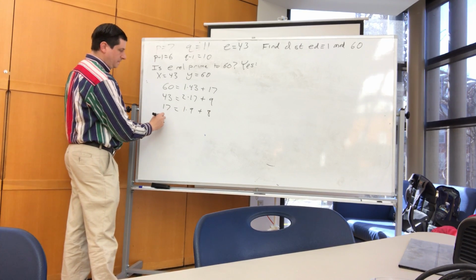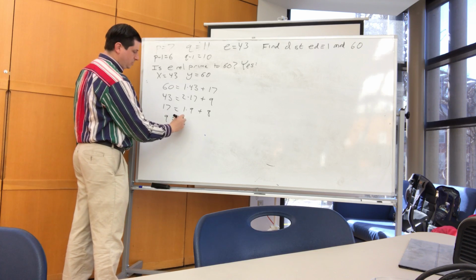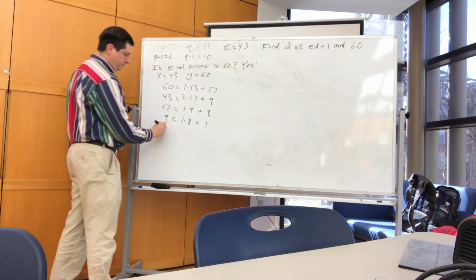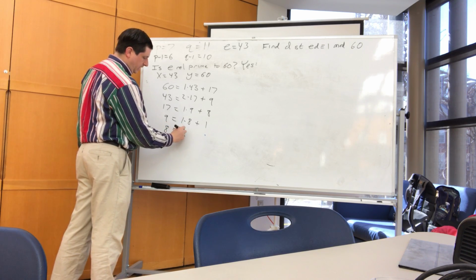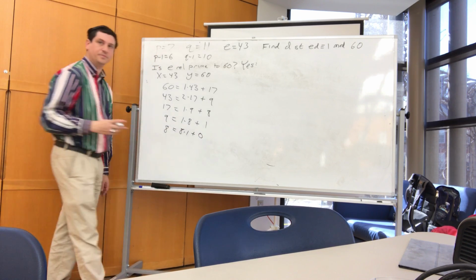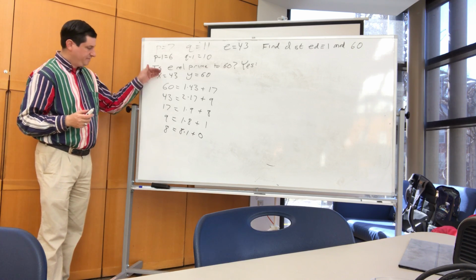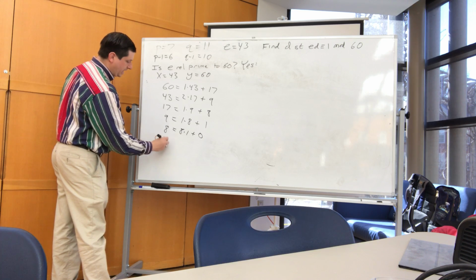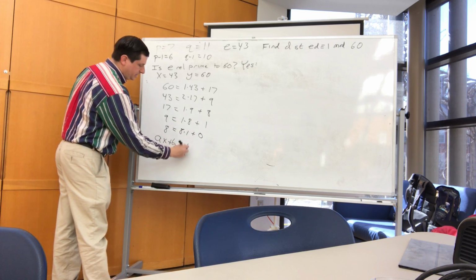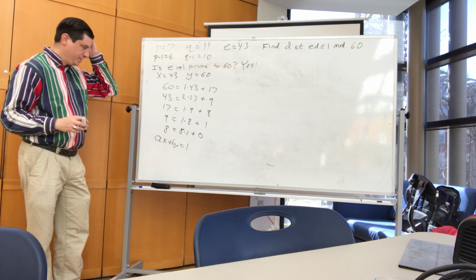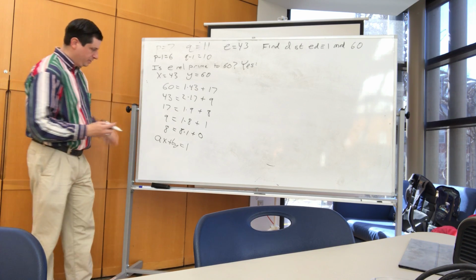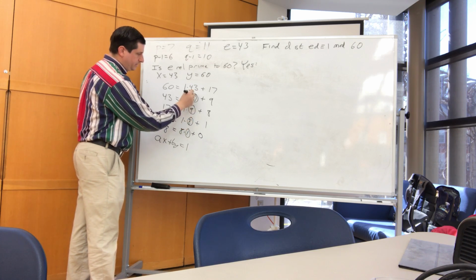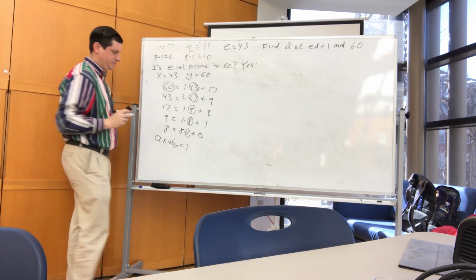Then I would write 9 as 1 times 8 plus 1. And if I went one step further, I would have 8 is 8 times 1 plus 0. Now I can use this to get numbers such that ax plus by equals 1. So I go through things very carefully and start substituting. Here are my numbers, 1, 8, 9, 17, 43, running all the way up to 60.